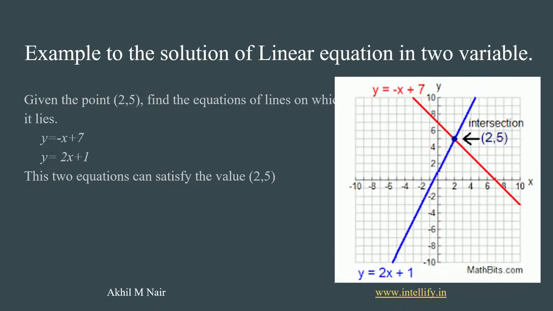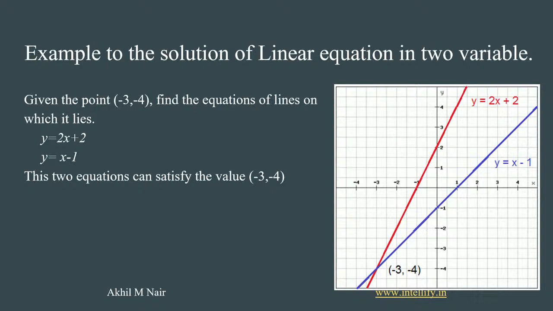That is, the point (2, 5) is a solution of both equations. If we plot them on the graph, we can see that both the straight lines cut at a single point (2, 5). It is a solution of the equations y is equal to minus x plus 7 and y is equal to 2x plus 1.